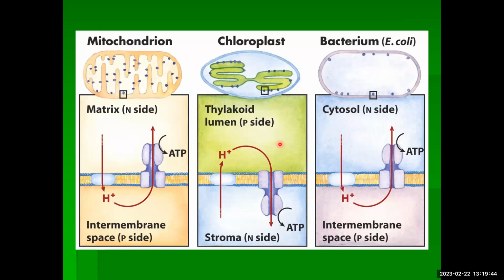In chloroplasts, that gets a little bit flipped because of the nature of the chloroplast. You've taken this and turned it upside down. You go from the stroma into the thylakoid lumen, out into the stroma again, and you make ATP on the stromal side.